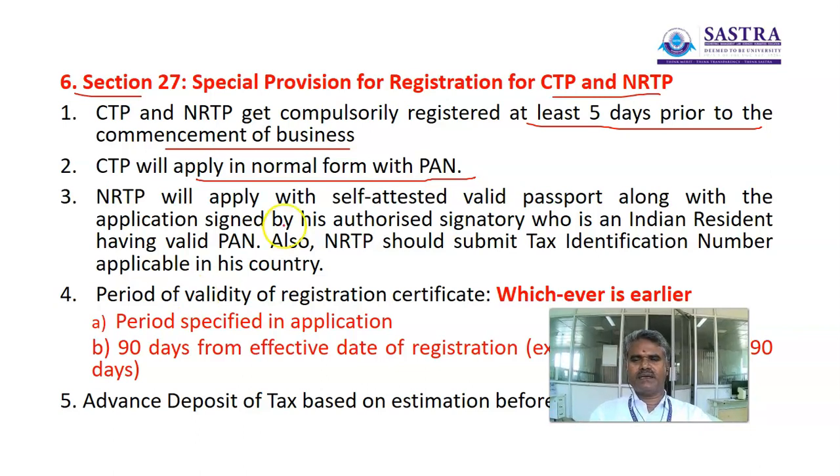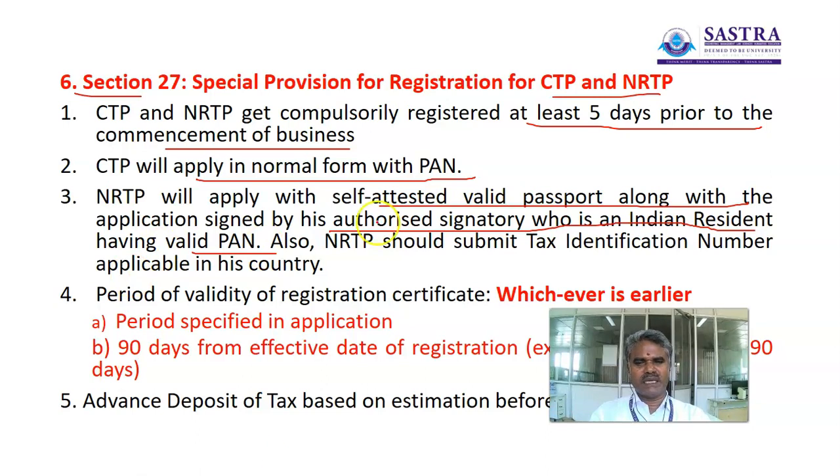NRTP will apply with a self-attested valid passport along with an application signed by his authorized signatory who is an Indian resident having a valid PAN. NRTP should give this passport along with the attestation from a resident Indian who has a PAN. That is very, very important. It may be your father, it may be your relative.